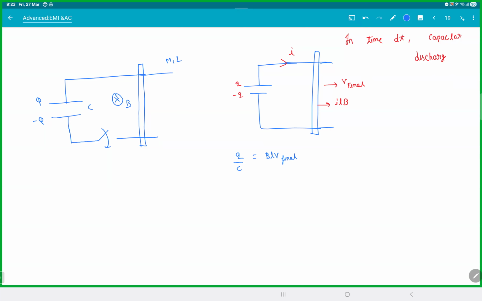Second thing, when this force is acting, integral F dt is equal to change in momentum of the rod. What is F? ILB dt is equal to MV final. I don't know the current, I don't know the time, but I know what is integral IDT. Integral IDT is the charge discharged by the capacitor.